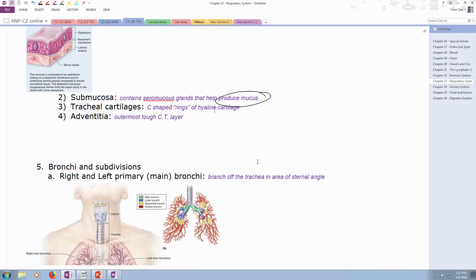Now, it's important that you realize that the C-shaped rings, so they're not real rings, they're almost rings, are connected posteriorly by a muscle called the trachealis muscle.